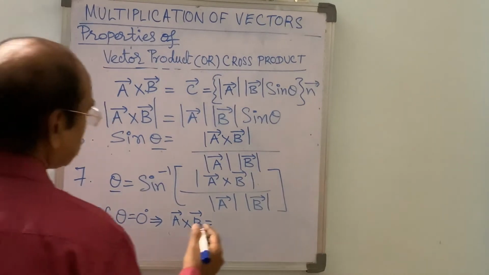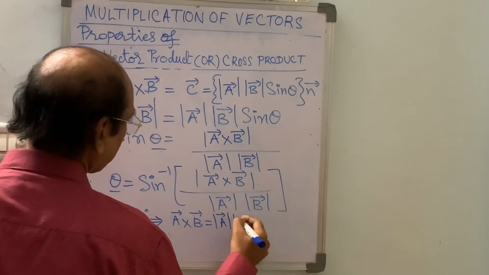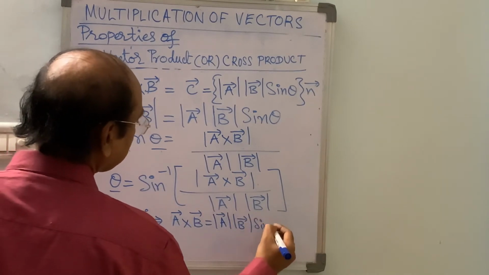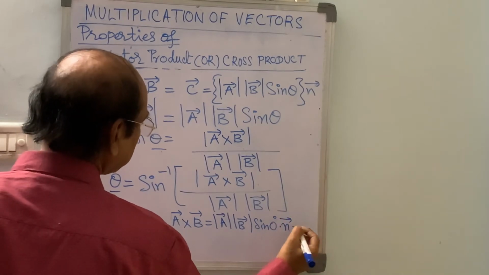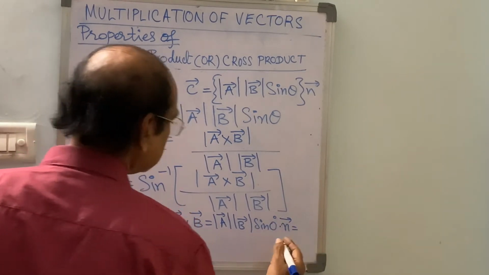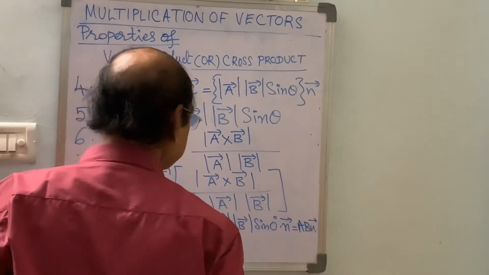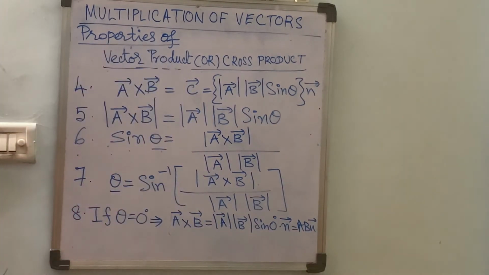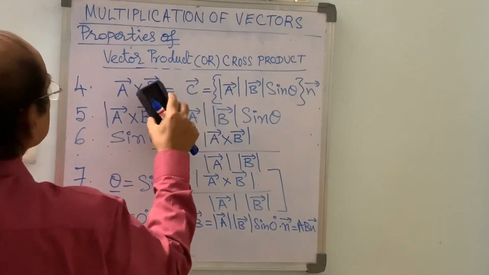Since sin 0 is 0, then the product is 0 into that, equal to AB n bar. Maximum value for vector product is obtained when theta equal to 0 degrees.